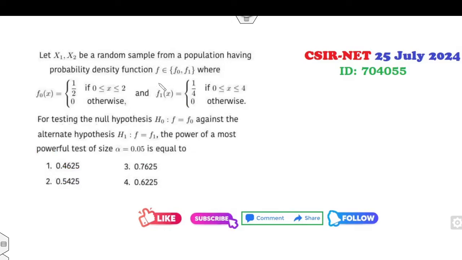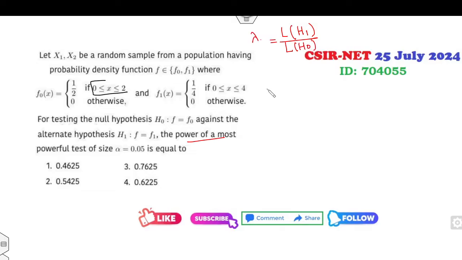Xi's are random samples with the PMF given. Find the power of the most powerful test. You have to define the likelihood function. Find L of H1 divided by L of H0. I call this lambda. Fine. Now look at that. The domains are not matching.